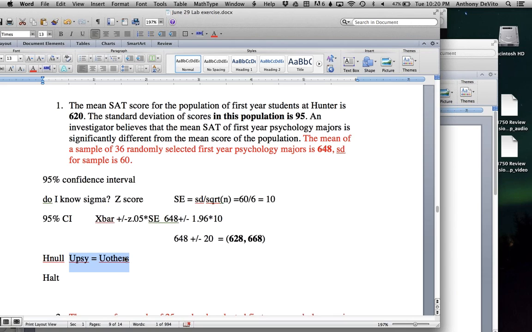So that means our alternative hypothesis is going to be that they're not equal. I'm going to show that over here on my typewriter by doing it this way. The two means are not equal. So now I have to prove, in order to reject my null hypothesis and prove my point that psych majors are smarter than all the other students at Hunter, if that was my point.